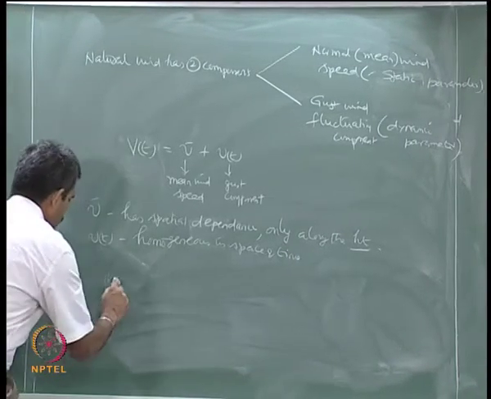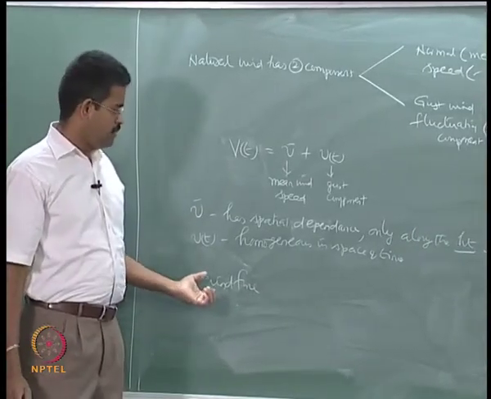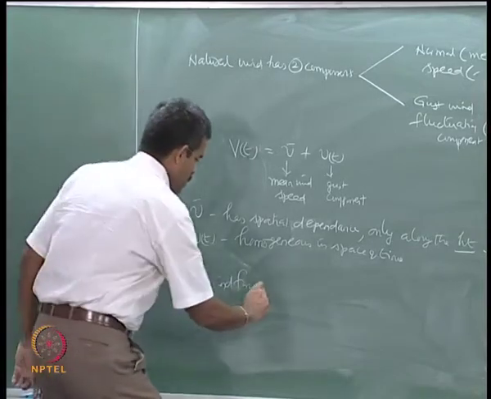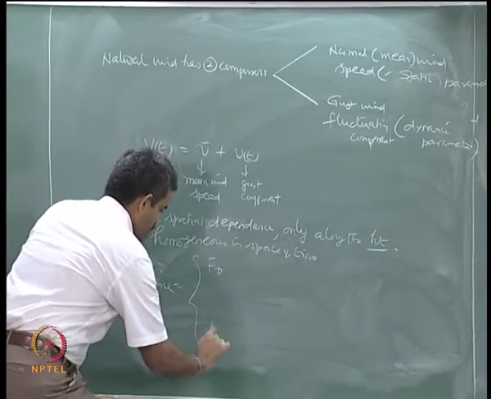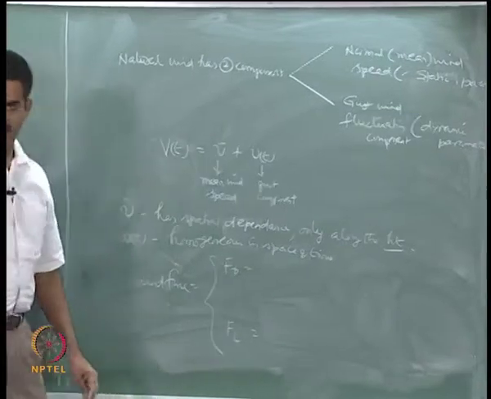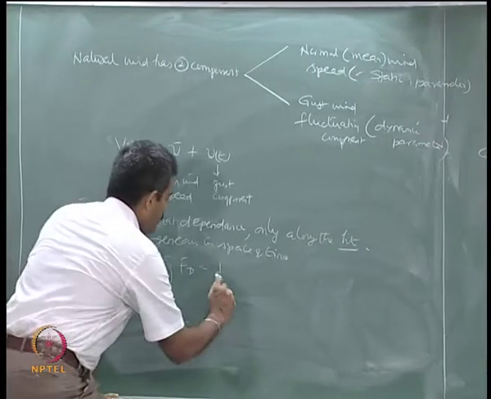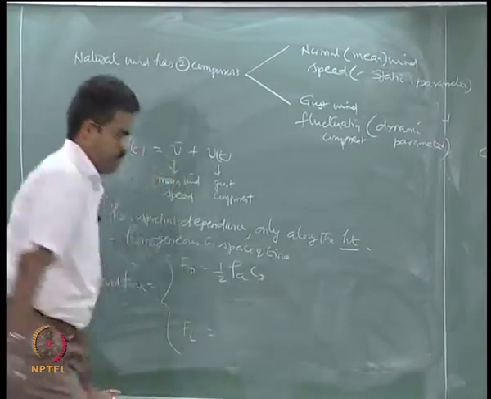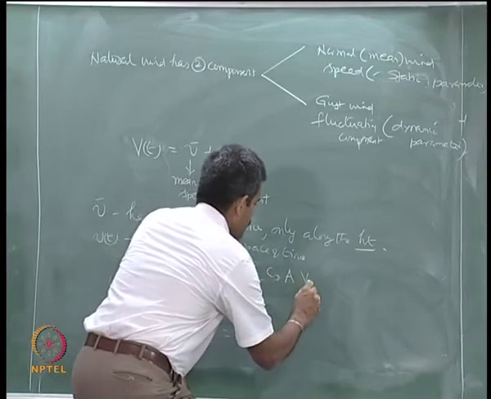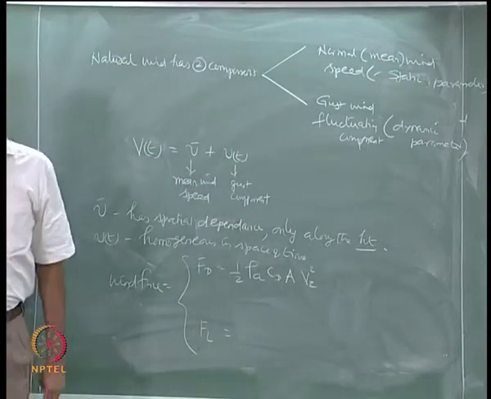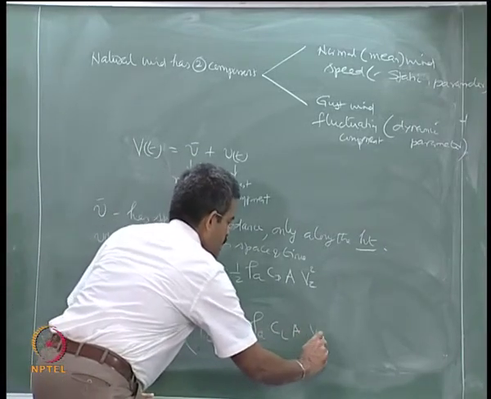So, therefore, wind force generated by the wind on members of marine structures has got two components. One is called Fd, other is called Fl, the drag force and the lift force, which are half rho Cd A Vz square and half rho Cl A Vz square.